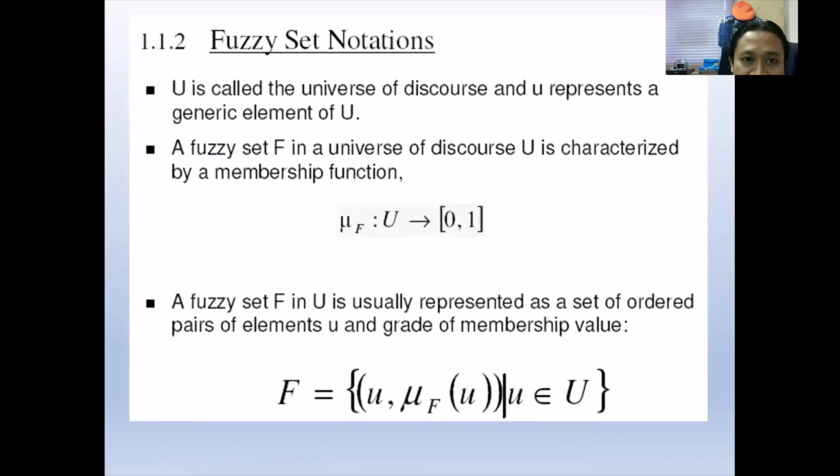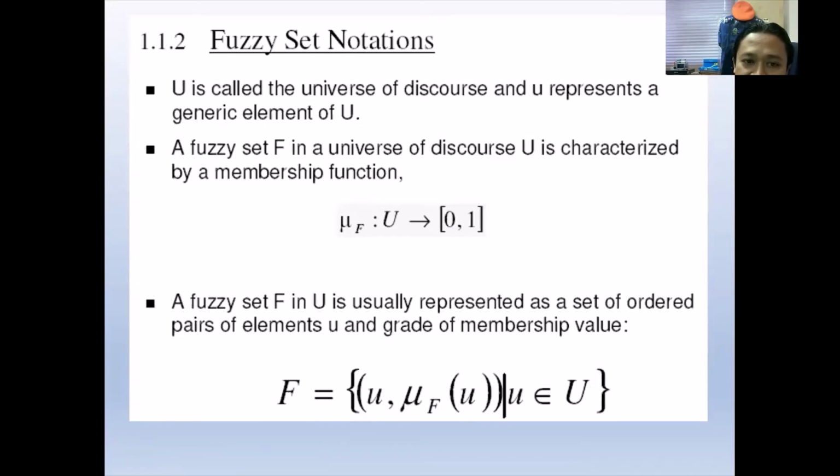The fuzzy set notation. You can see here, capital U is called the universe of discourse, and small u represents the generic element of U. The fuzzy set F in the universe of discourse U is characterized by the membership function.